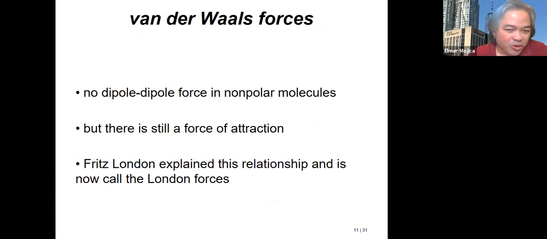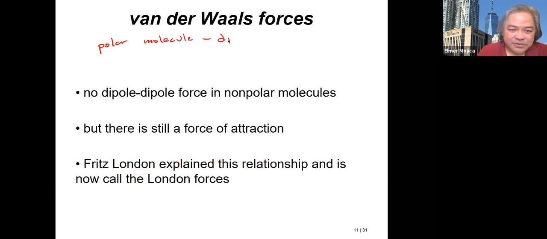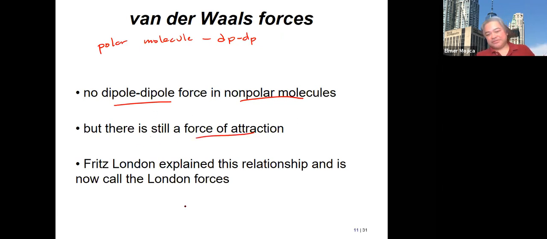the molecule is polar or non-polar. Okay? So when you have a polar molecule, you will have the dipole-dipole forces. Now, there's no dipole-dipole force in non-polar molecules. But there is still what we call a force of attraction. Fritz London explained this relationship, and it is called London forces.